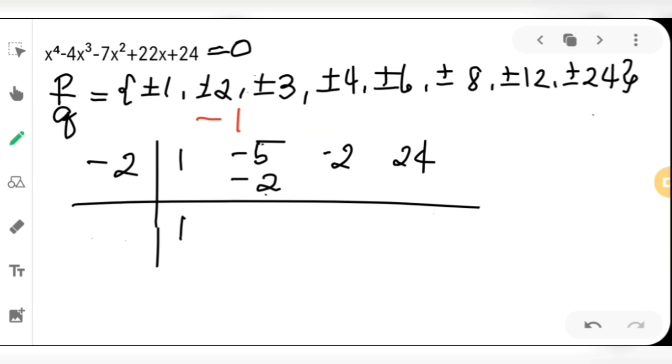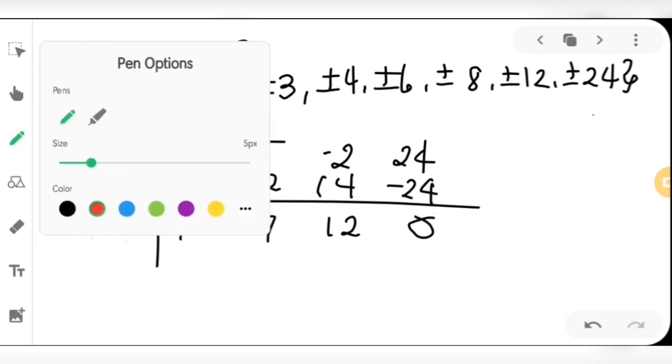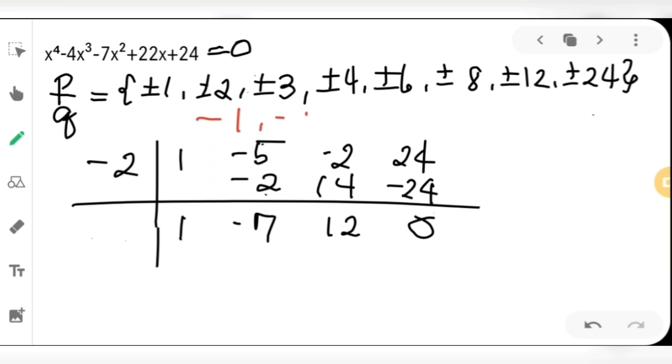Negative 5 plus negative 2 is negative 7. Then negative 7 times negative 2 is 14. Negative 2 plus 14 is 12. 12 times negative 2 is negative 24. So we have here 0. Okay, now we have the second root, and that is negative 2.